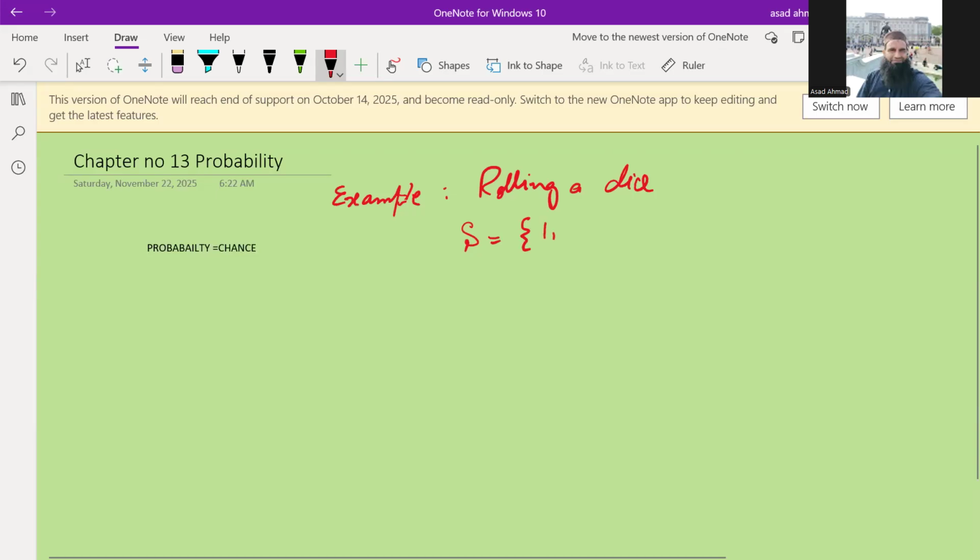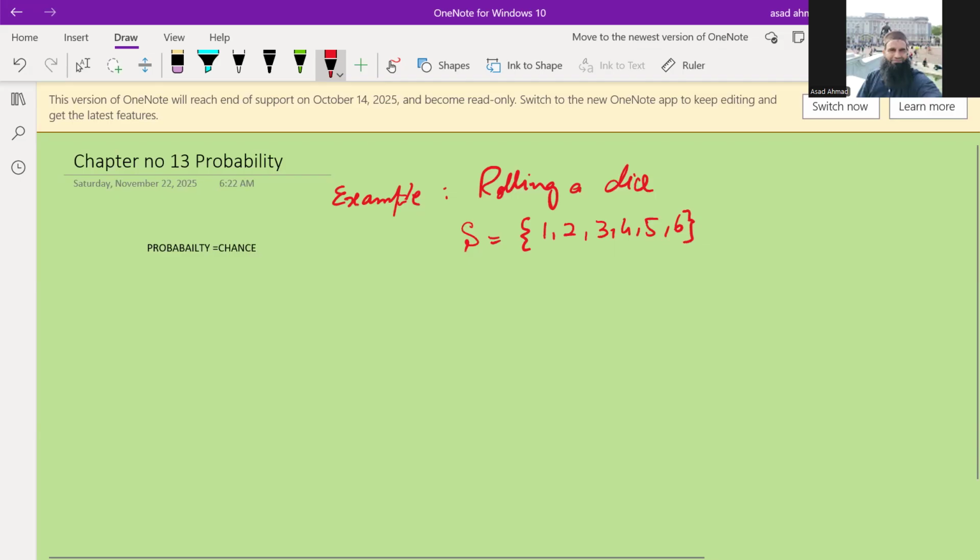There are six sides of a die. So one, two, three, four, five, six, and seven. Seven, rather six only. So there can be only six outcomes if we roll a die.